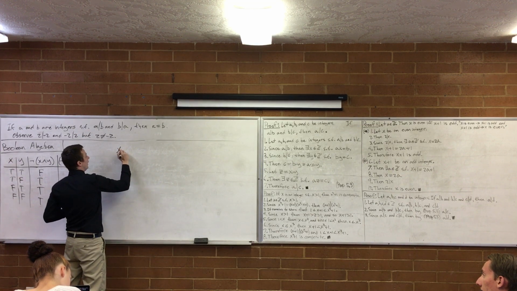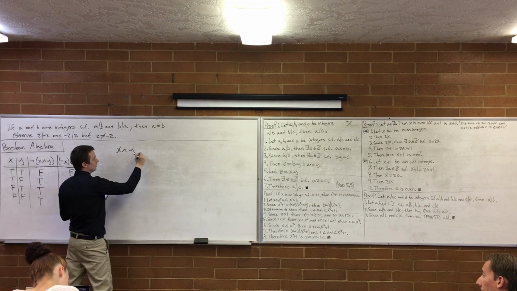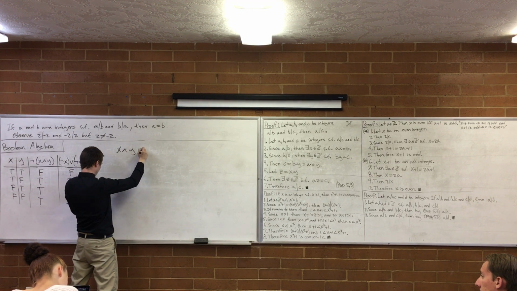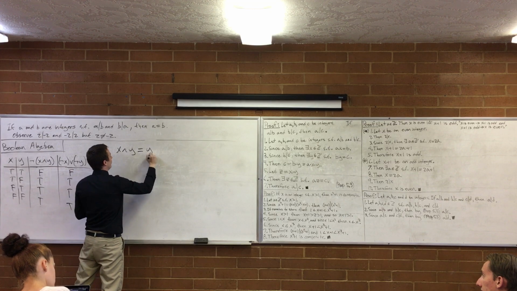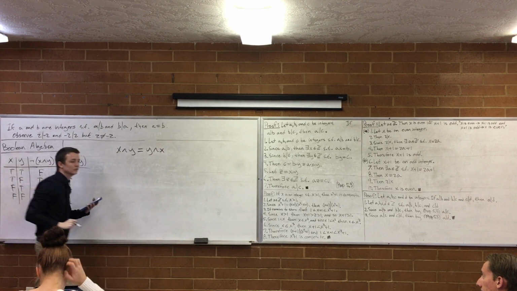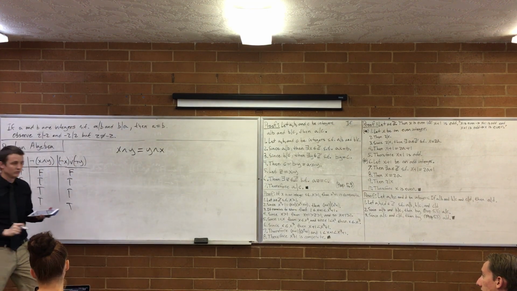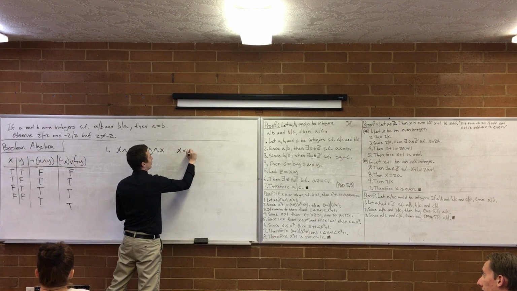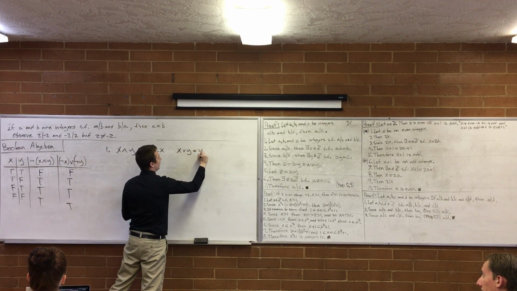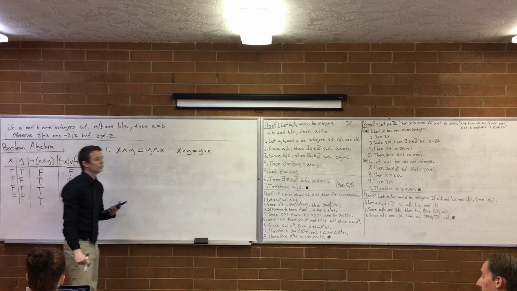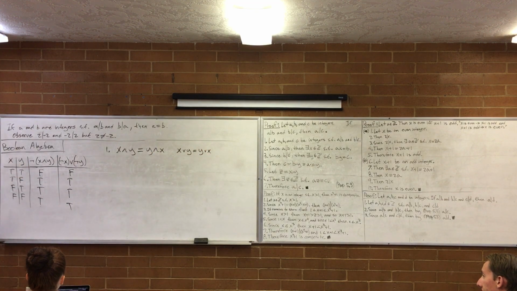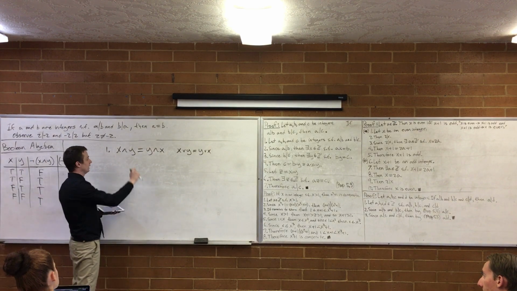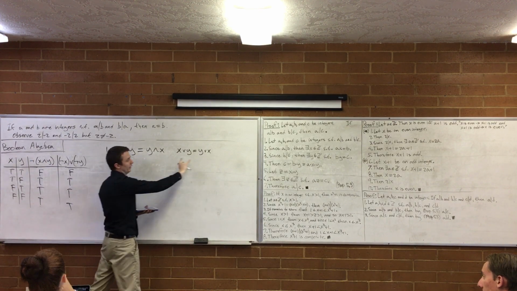I mean x and y is the same thing as y and x, and x or y is the same thing as y or x. What we mean by that is and and or are commutative, the same way that multiplication is commutative and addition is commutative.